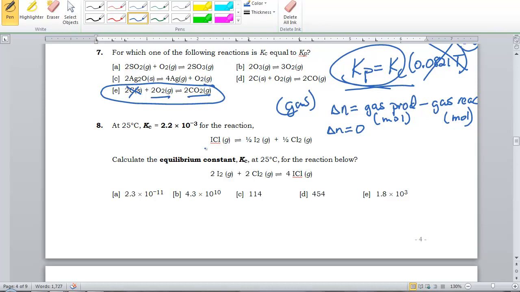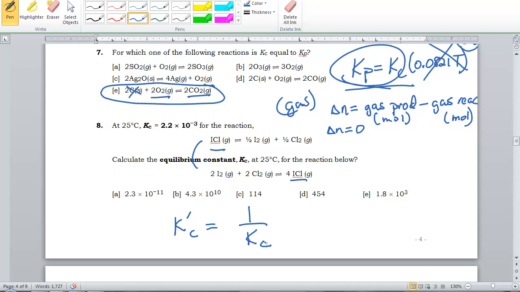So what we do is compare these two reactions, and we notice that the reaction is reversed. What was a reactant in the first reaction is now a product, and what were products are now reactants. So what happens to the equilibrium constant when we reverse the direction? Yeah, it's 1 over. So this new equilibrium constant, let's call it K prime, is going to be 1 over the initial.